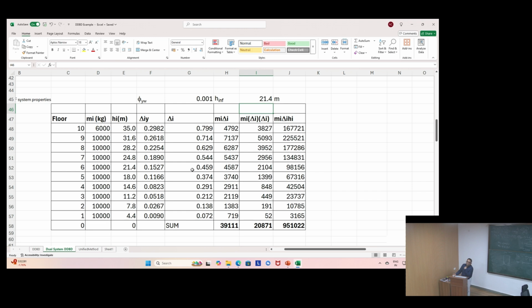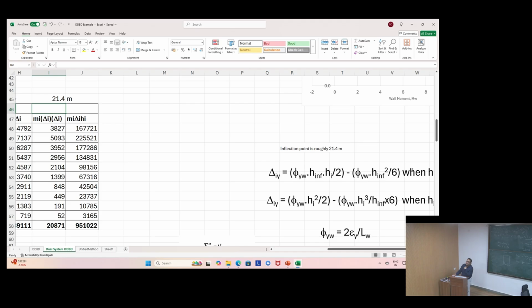So story 6 and above, you'll use this equation for delta IY. Story 5 and below, you'll use this equation, the one in the bottom, for delta IY. Phi YW is 2 times strain in the steel over length of the wall.